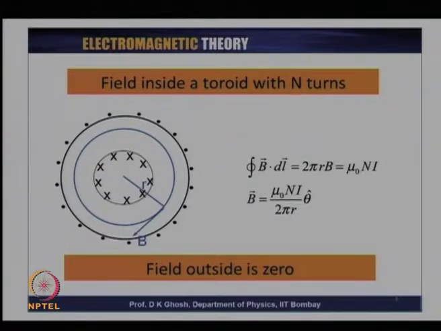So, as a result, the integral of B dot d l will turn out to be 2 pi r times B. This is purely by symmetry, because d l's direction is tangential and the magnetic field is also parallel to the tangent. So, this quantity is equal to mu 0 times the amount of current that is enclosed, and that is obviously, if I assume that there are n turns of the loop, the current loops, mu 0 times n times I. Remember, this n is the total number of turns that are there, because each turn is enclosed.